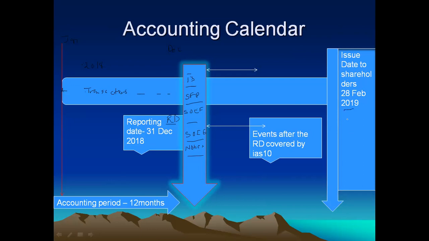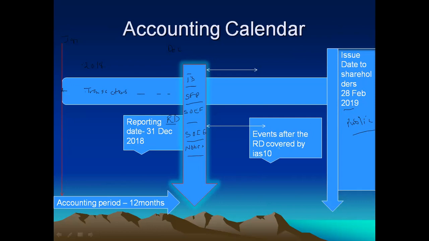Remember, we are supposed to report to our stakeholders and the general public. If it's a public limited company, we are supposed to publish our accounts. Let's say the issue date to the shareholders is 28 February.